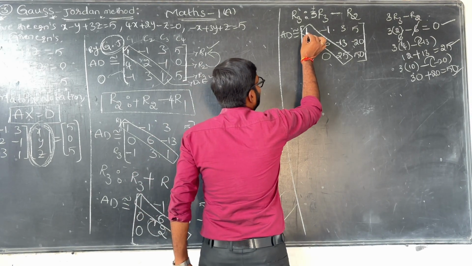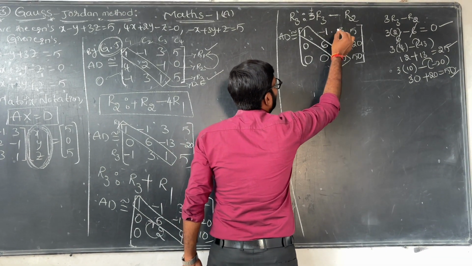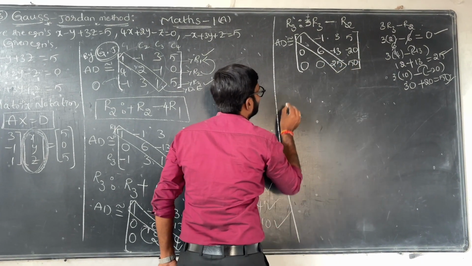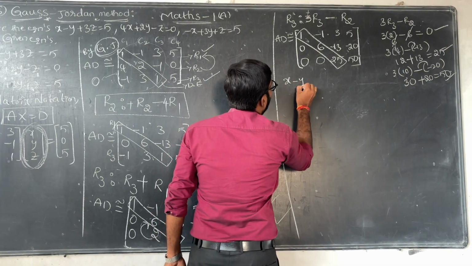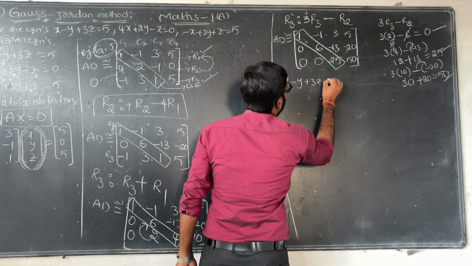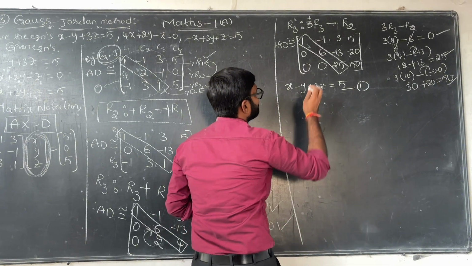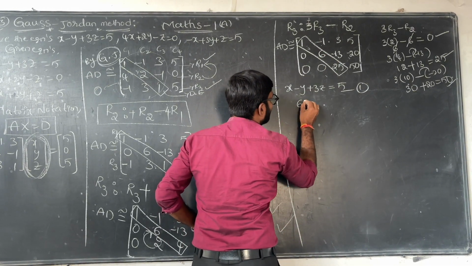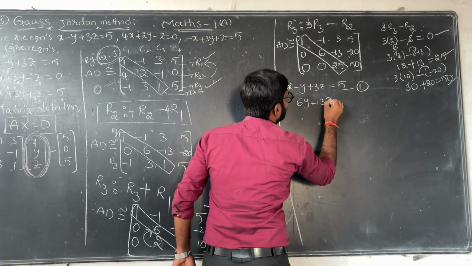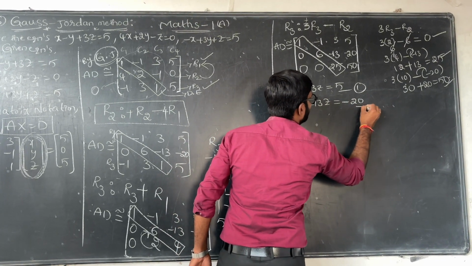Write down: this is the coefficient of x, coefficient of y, coefficient of z and the constant. x minus y plus 3z is equal to 5. First equation. The second equation: 6y minus 13z is equal to minus 20.